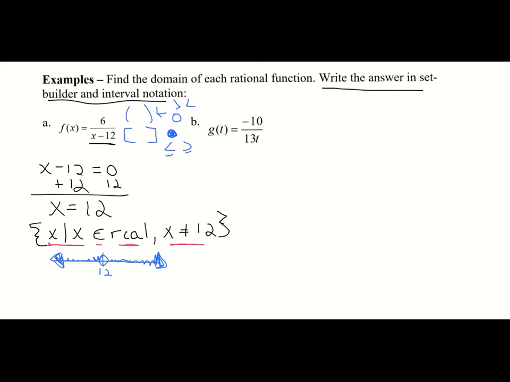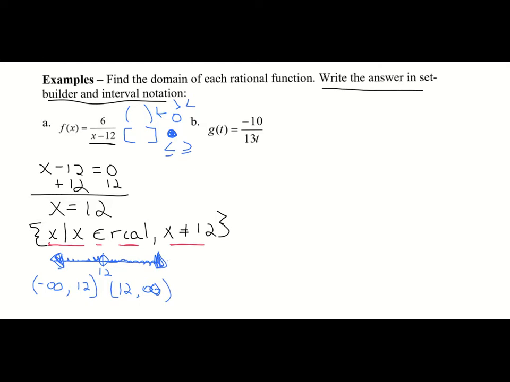So here, because it goes on infinitely to the left, that is going to be negative infinity, and it's going to go up to 12. And because it doesn't include 12, I'm going to put parentheses around it. Now, the other part of the graph, it goes from 12, starting right after it, not including it, all the way up to positive infinity, because we have that arrow shaded there.